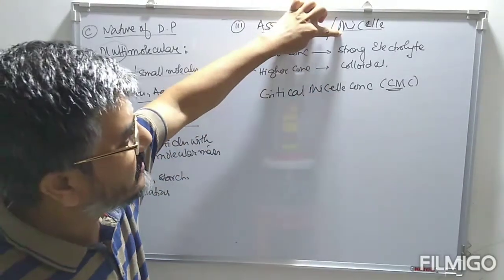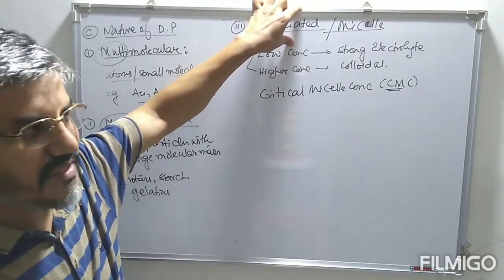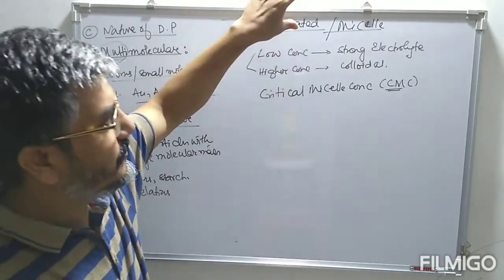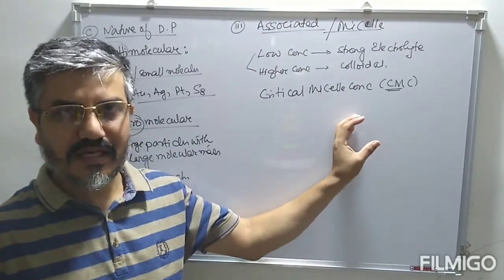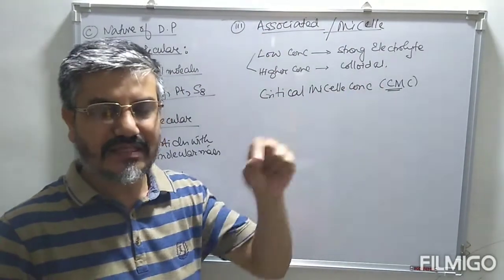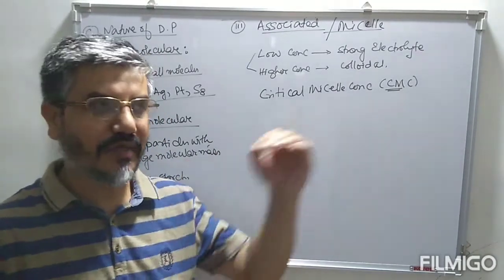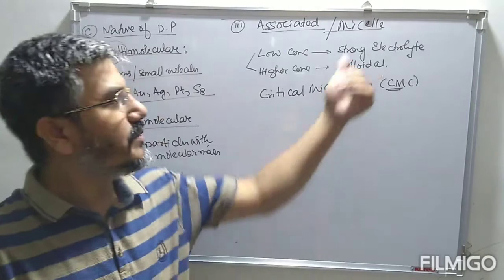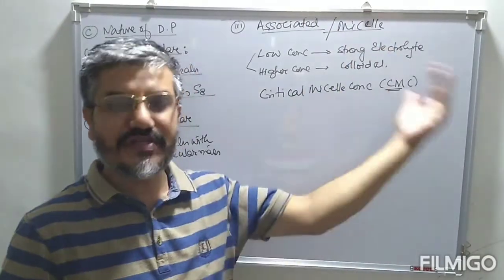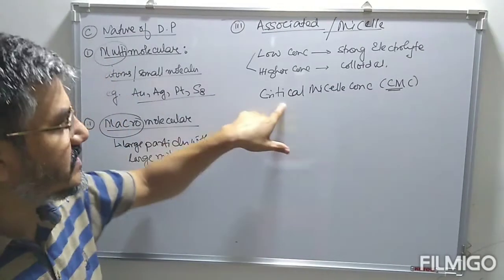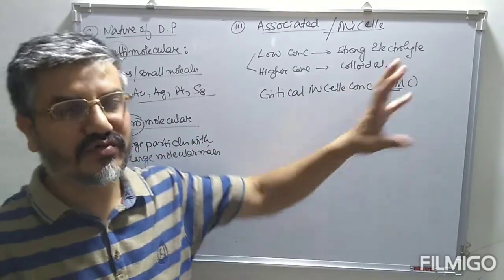For this micelle formation or associated colloidal solution formation, the colloidal solution formation takes place only above a certain minimum concentration. That minimum concentration below which micelle formation does not take place, or above which the micelle formation takes place, is known as critical micelle concentration.